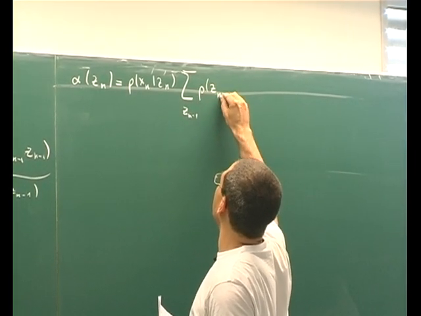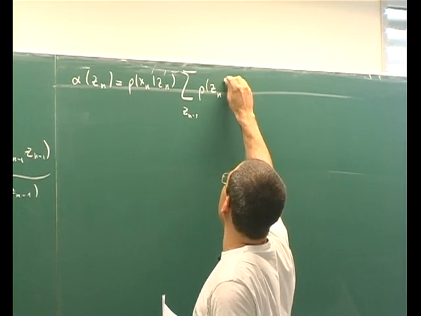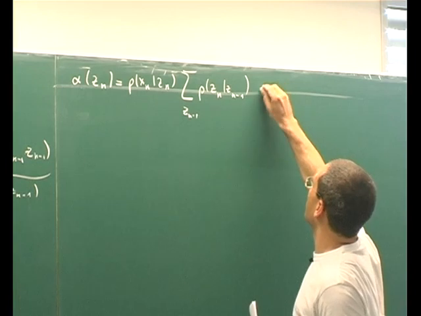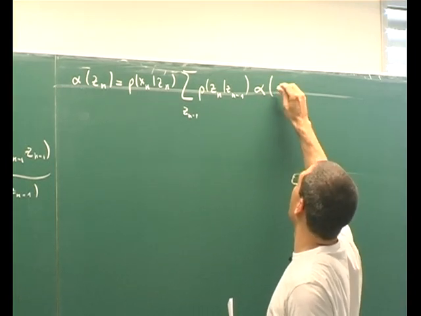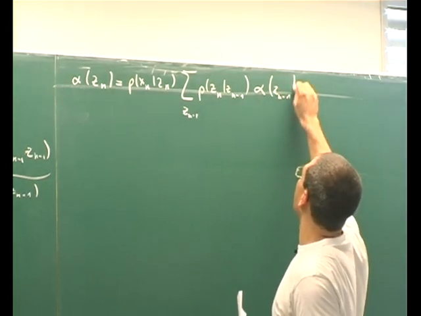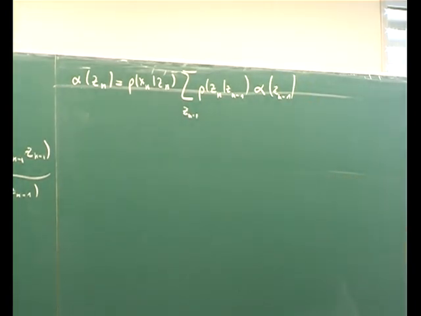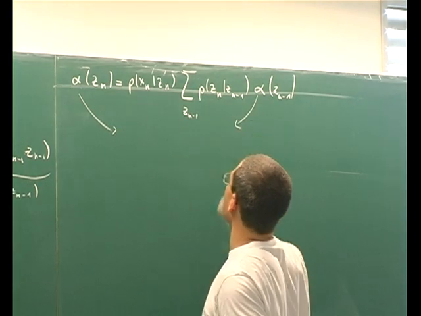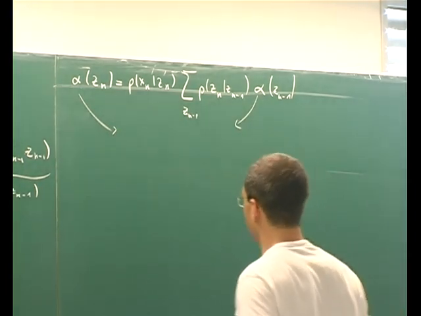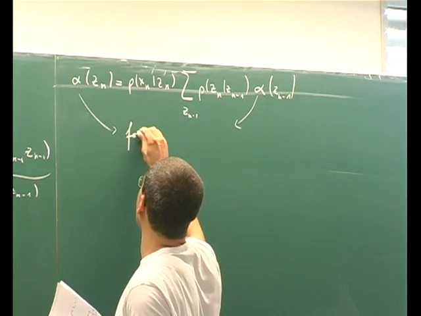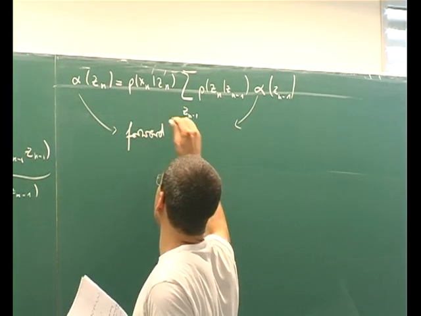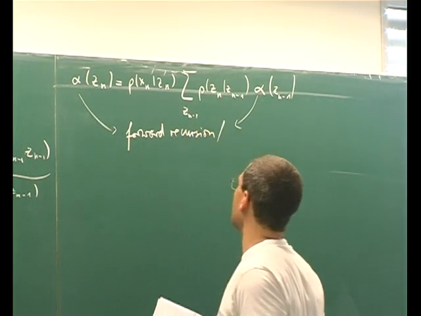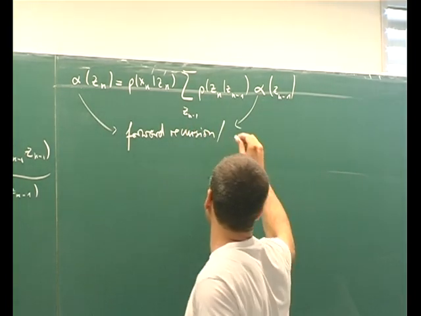This is the transition from Zn minus 1 to Zn. And there we have again alpha. Because alpha appears both left and right of the equality, this is why we have a recursion. This is called the forward recursion. Or we will later see that this is actually forward message passing.